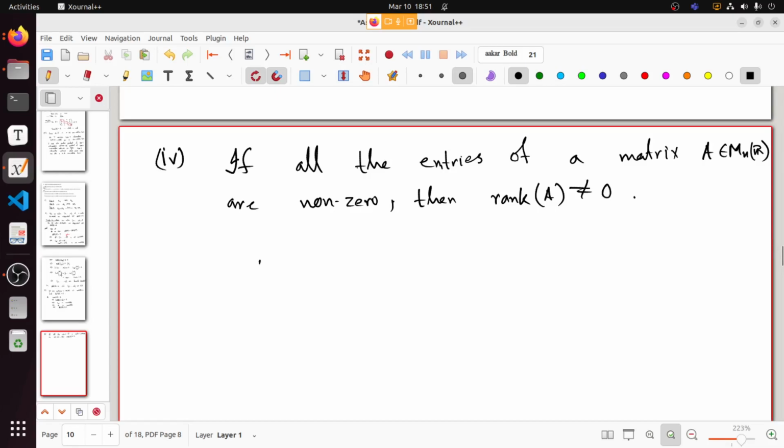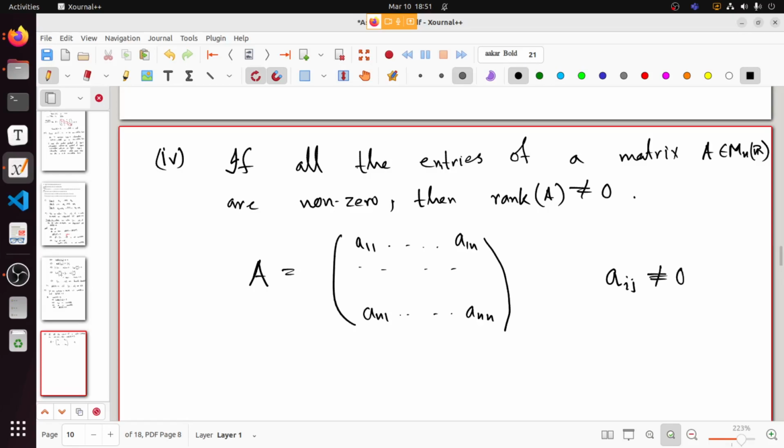Suppose this matrix A: A11 dot dot dot A1n, dot dot dot, An1 dot dot dot Ann. What is given is that all the entries of the matrix are non-zero, meaning Aij is non-zero for all i, j, right?